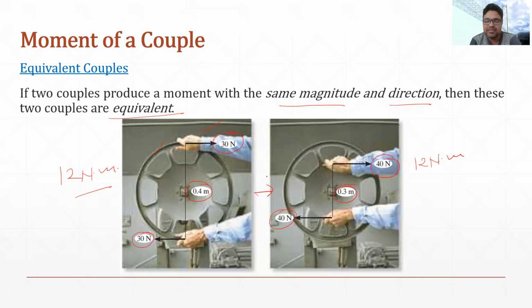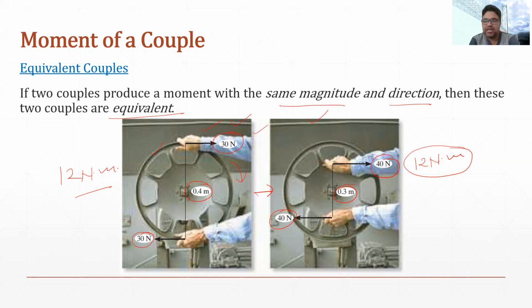So the couples generated by these two systems are known as equivalent couples, which means the magnitude of force and the distance are different, but if the magnitude of the couple is the same and the direction is also the same, we call both systems equivalent couples.